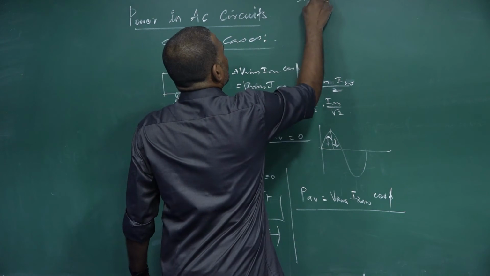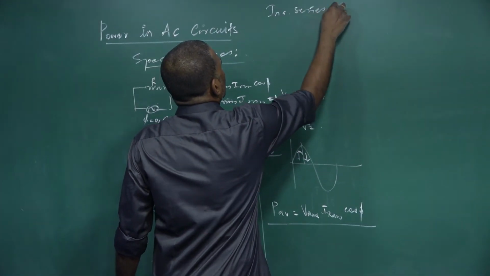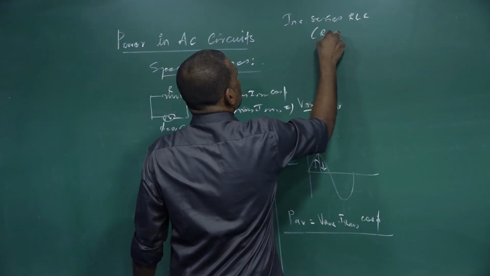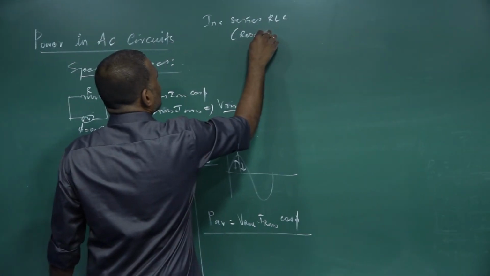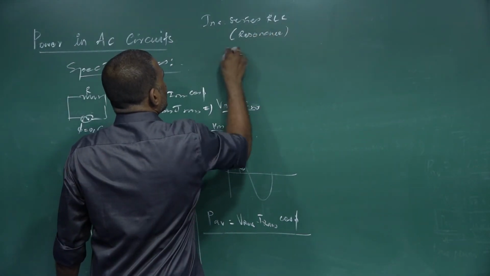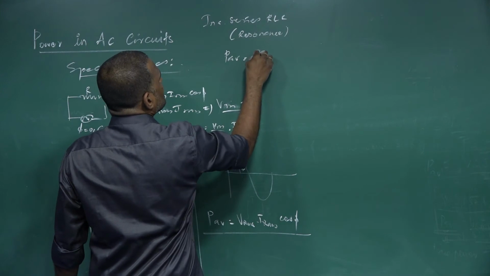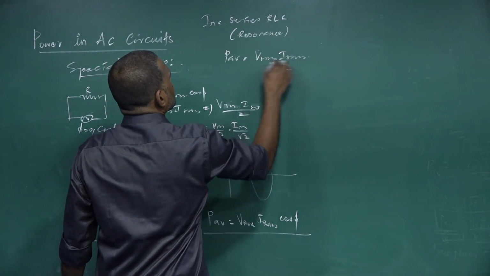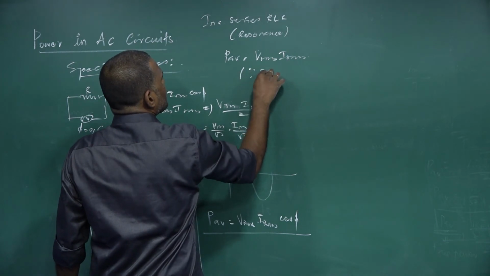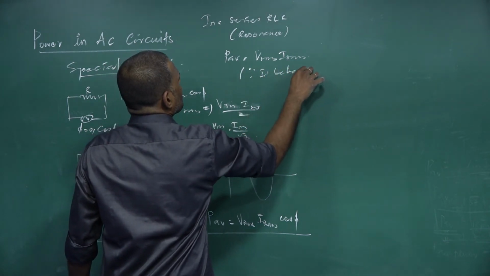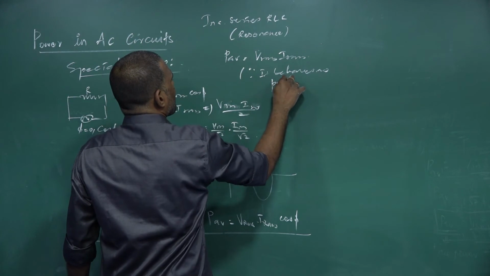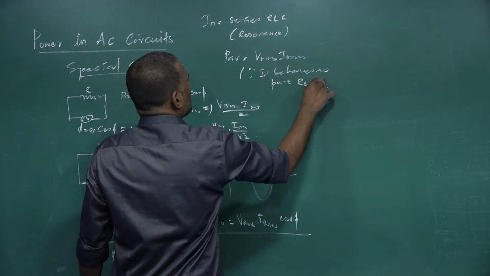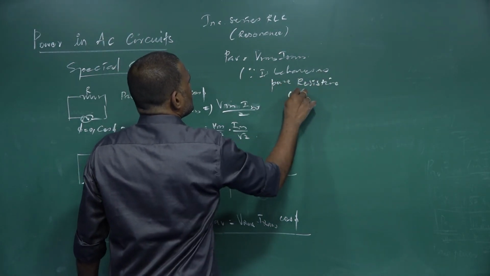So, in a series RLC circuit at resonance, the average power consumed is equal to Vrms Irms, since it behaves as a pure resistive circuit.